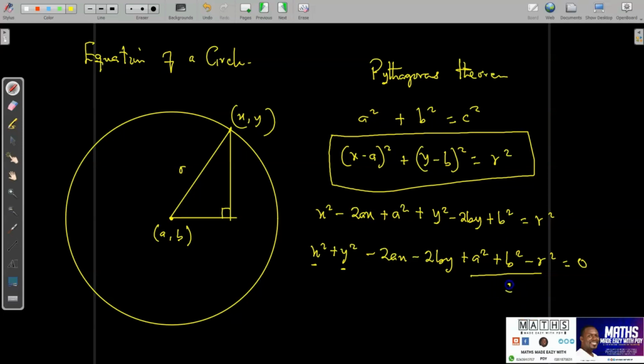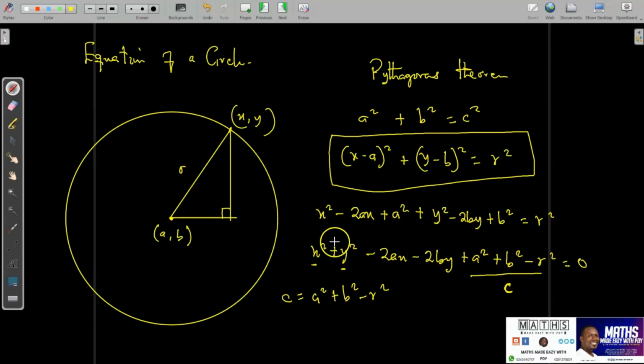That group, we can represent with a symbol known as C. So the constant C is equal to a squared plus b squared minus r squared.